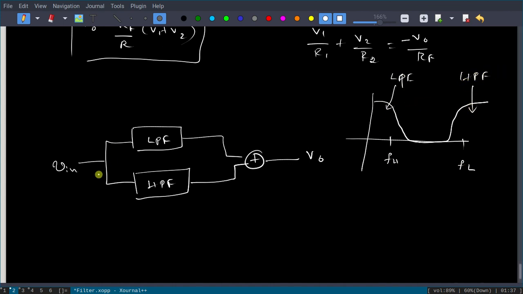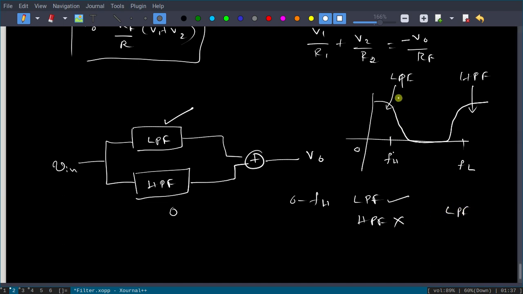Now what happens, the same signal you are passing. From 0 to FH the low pass filter will work, and during that time the high pass filter gain will be 0. So from 0 to FH the LPF works and HPF is 0, so the total output is the LPF only.